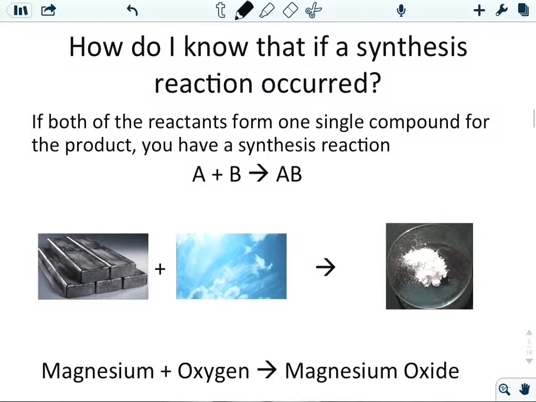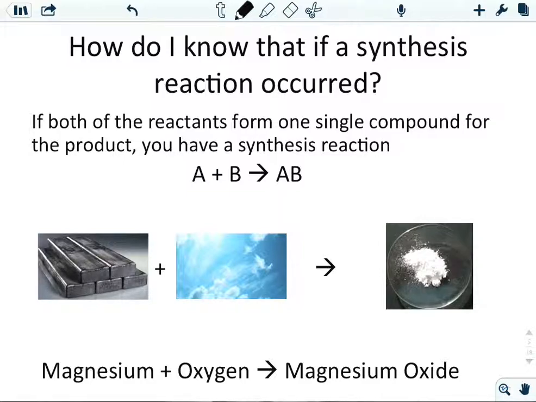So, how do I know if a synthesis reaction has occurred? If both of the reactants form one single compound as the product, you have a synthesis reaction.